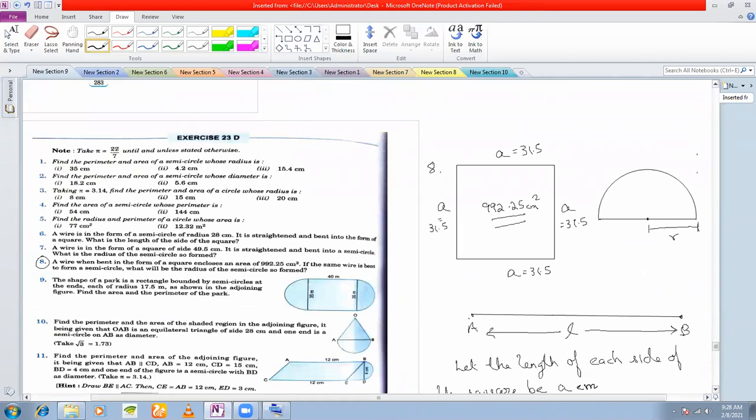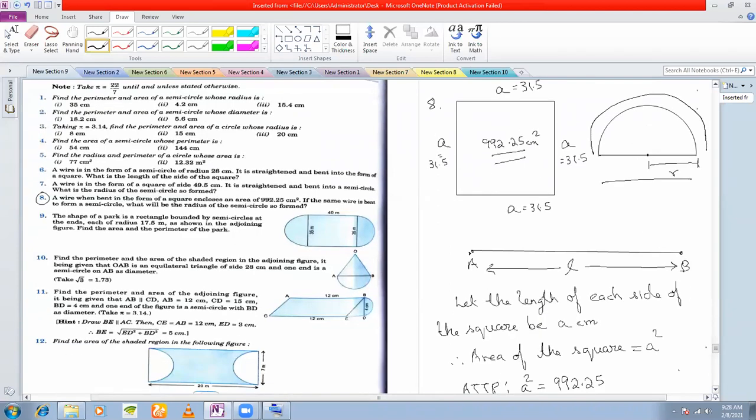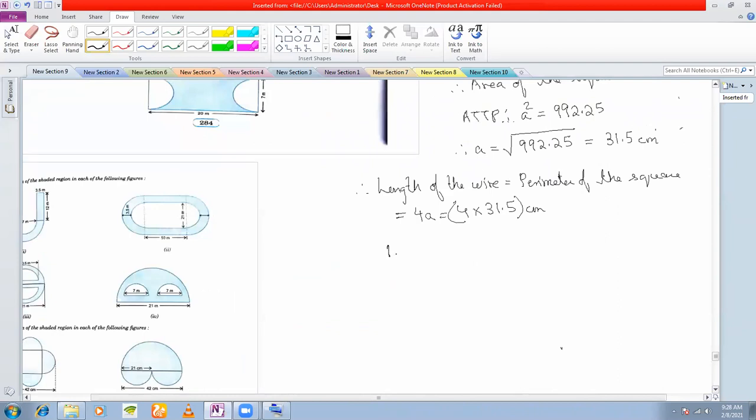Now this same length AB is being made into a semicircle. That means the perimeter of the semicircle must be equal to the length of the wire, which is equal to the perimeter of the square. Let us first write the perimeter of the semicircle.